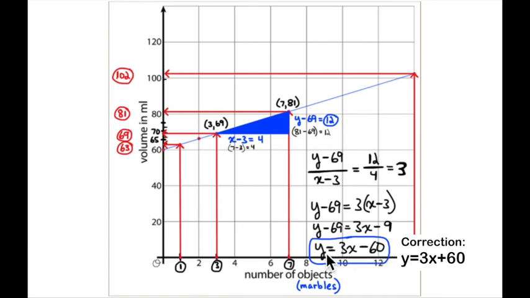That's going to tell you what the y value is. Oh, I made a mistake here. This is plus 60. I knew it didn't make sense. This is plus 60 right here, not minus 60. So y plus 69 minus 9 is going to be y equals 3x plus 60.